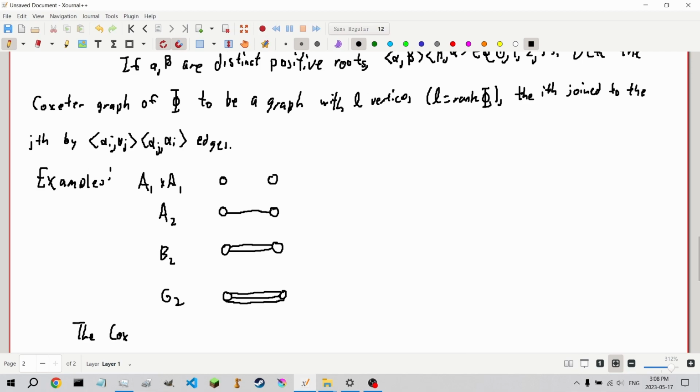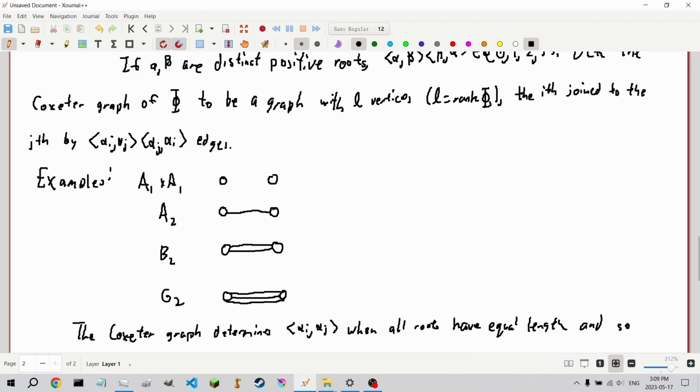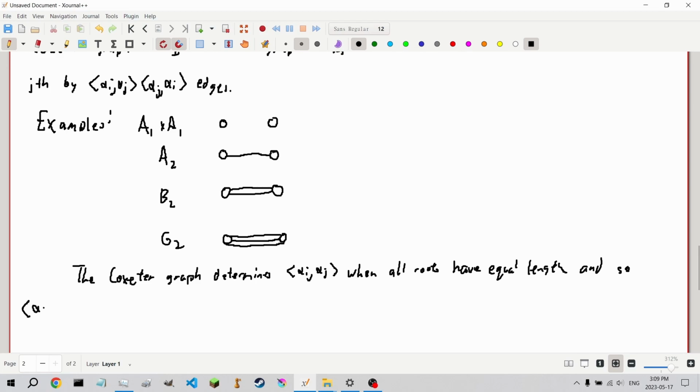The Coxeter graph determines the angle bracket of alpha i and alpha j when all roots have equal length, and so these two roots kind of commute within the bracket.